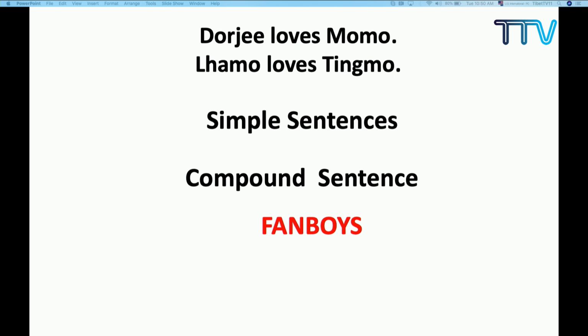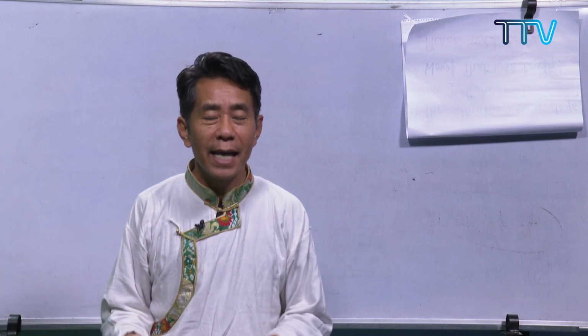When we combine two sentences, do you remember we have the connector, the conjunction, and the basic conjunctions are FANBOYS. These are the words which help you combine words, phrases or sentences. FANBOYS is an acronym made up of the initial letters of the words: F for, A and, N nor, B but, O or, Y yet, S so.